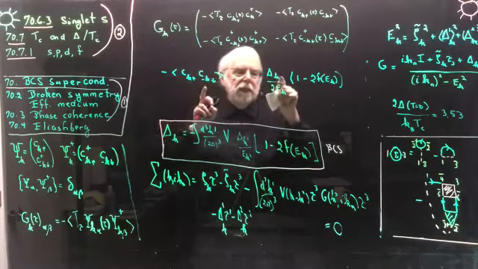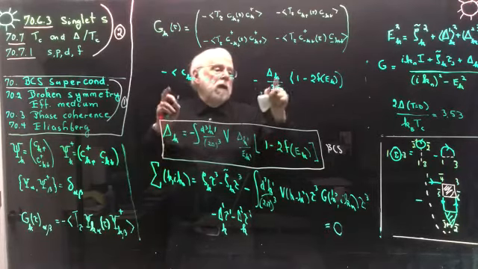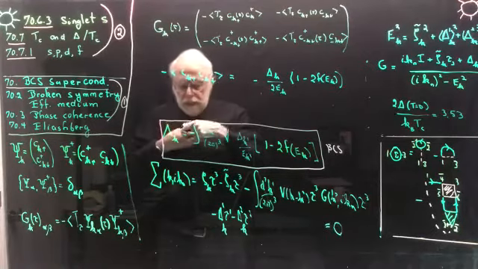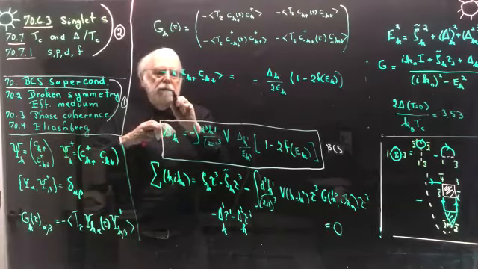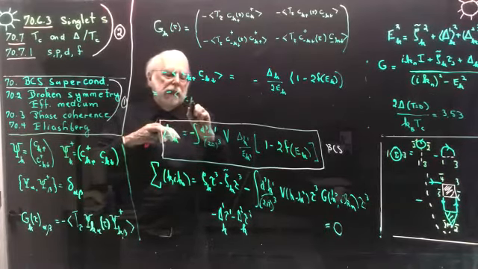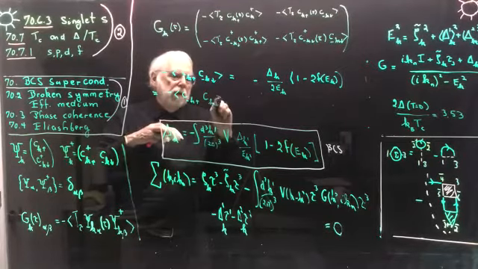If I assume that delta of k is even in k, that would come out from here. Then you see that if I change k for minus k, this cannot change sign. So this is equal to minus c of minus k up, c of k down.